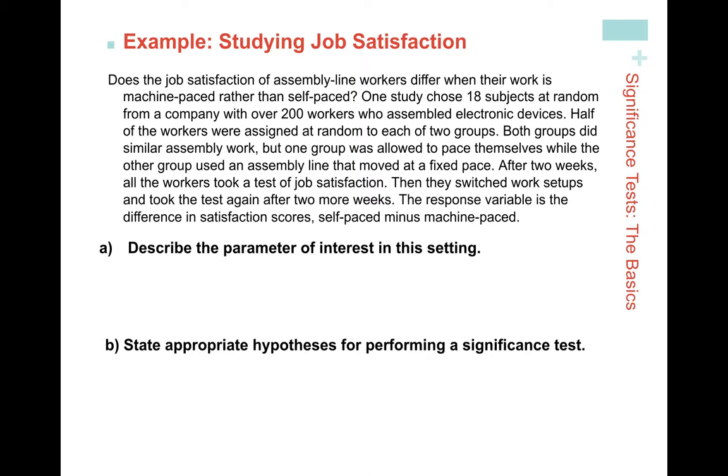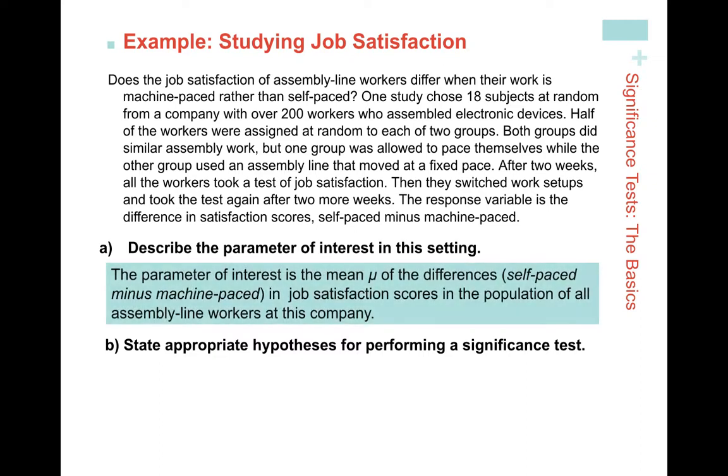Notice that this is a matched pairs designed experiment, and the parameter of interest is the mean of the differences in job satisfaction score. Notice that order matters: self-paced minus machine-paced.